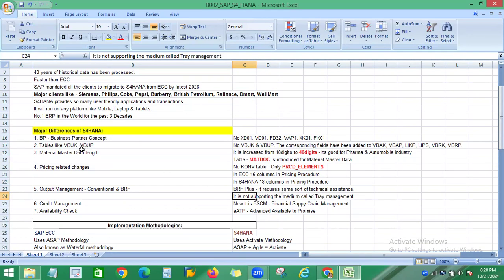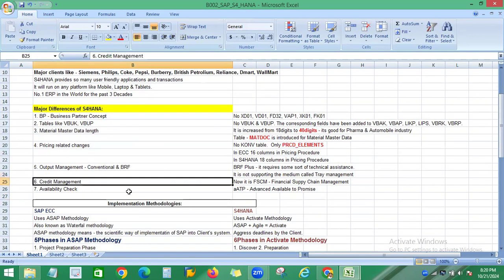And one more thing regarding credit management. Earlier in SAP ECC, the credit management ownership was 50-50%: 50% of credit management was the responsibility of GST, and 50% was the responsibility of FI. However, now credit management has completely moved to FSCM, that is financial supply chain management.